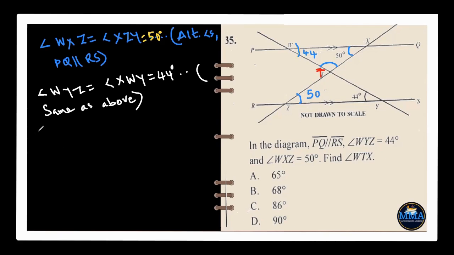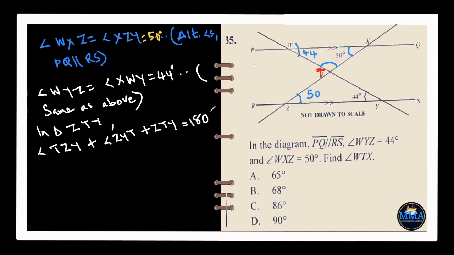Now, we see now that in triangle ZTY, angle TZY plus angle ZYT, which is this 44, plus angle ZTY equals 180 degrees.